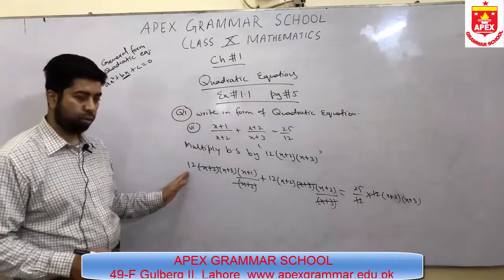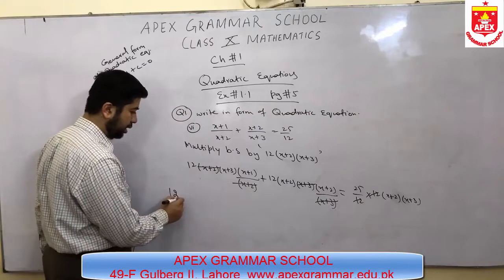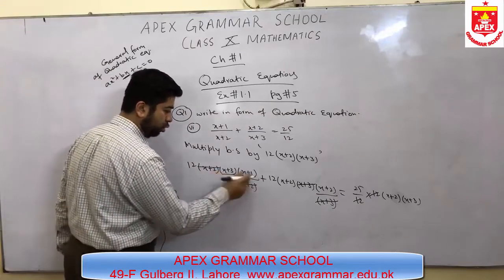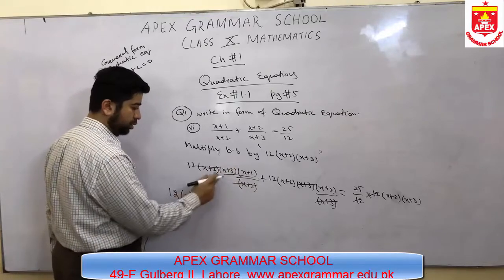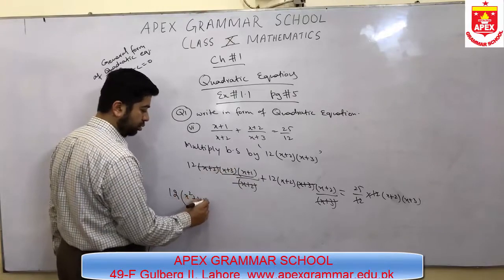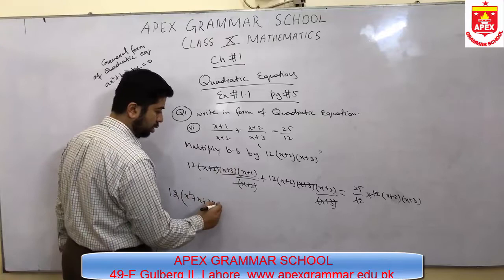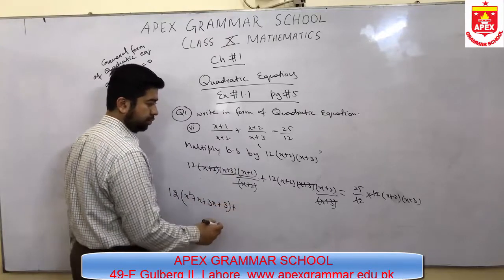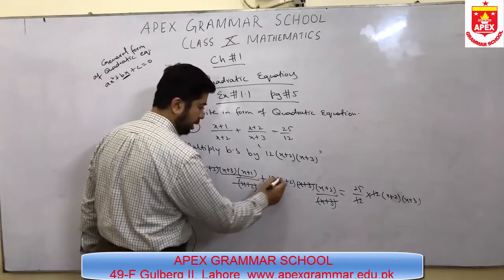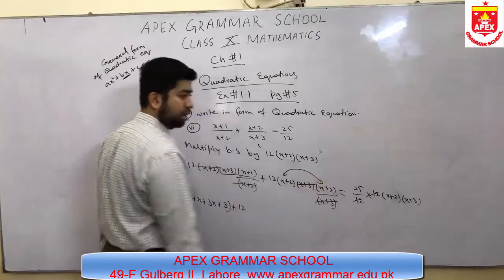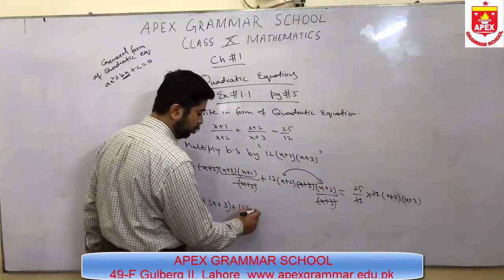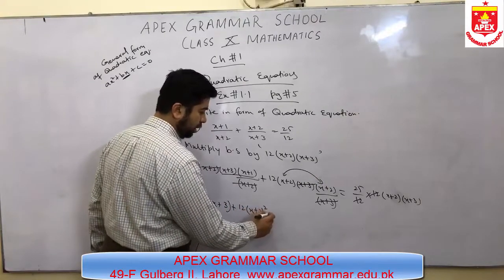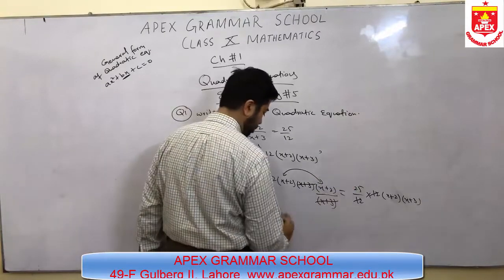Now we have 12 and these both values are going to multiply. So you have to multiply within the bracket: x square plus x plus 3x plus 3, plus 12 and x plus 2 with this x plus 2, it will be x plus 2 whole square, is equal to 25.